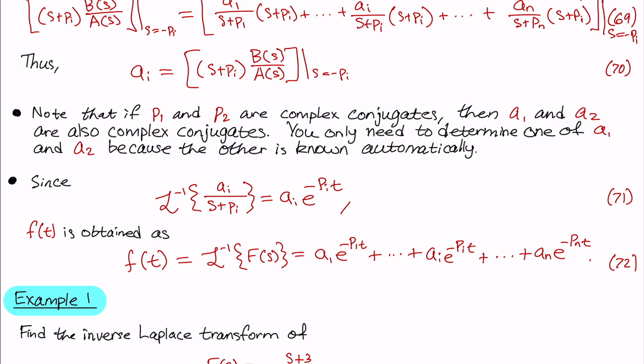And so as a result, whenever we do this partial fraction decomposition, provided that we have the form shown up here, we will always end up with a linear combination of exponential terms.